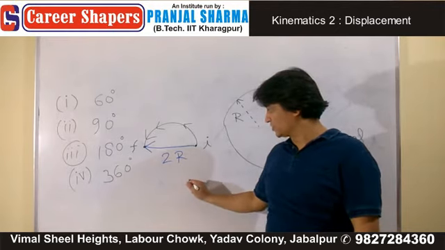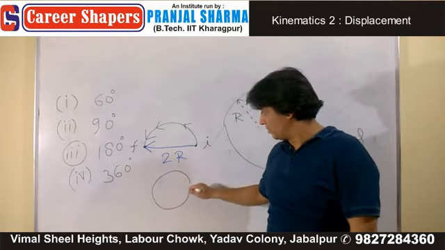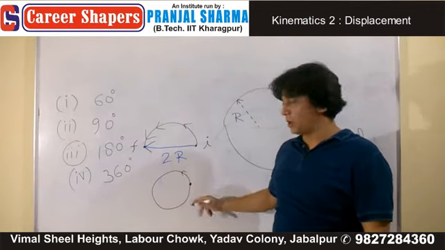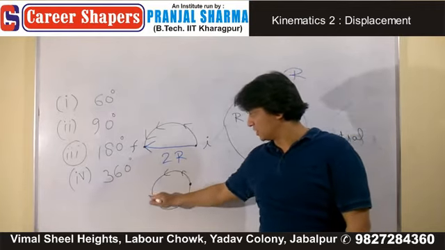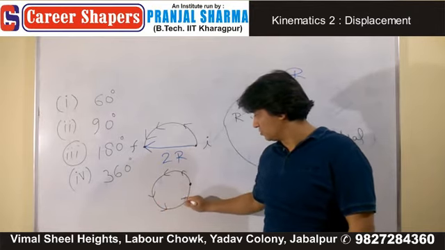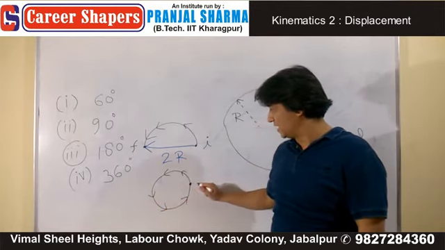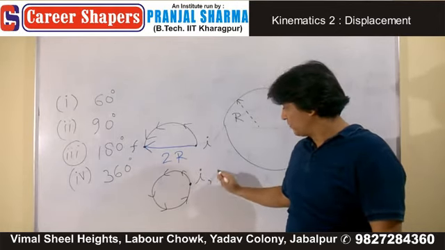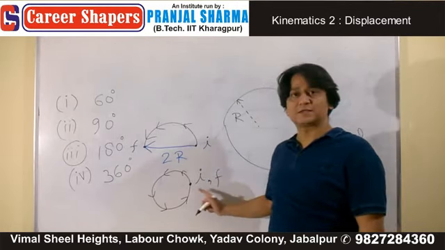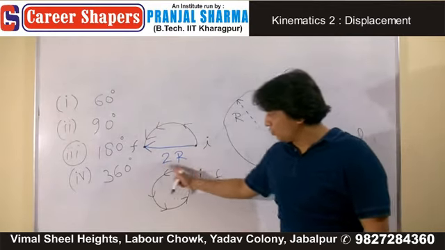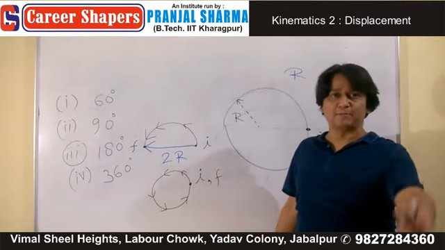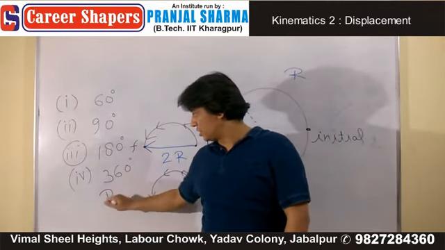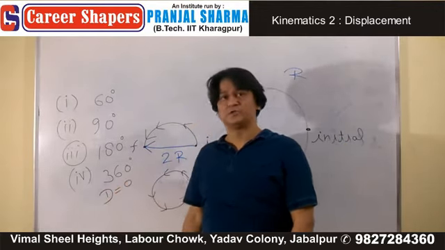You started from this point and you are back at the same point. Initial and final, they both are the same. If you reach back to the same point you started from, you know that your displacement will be 0.